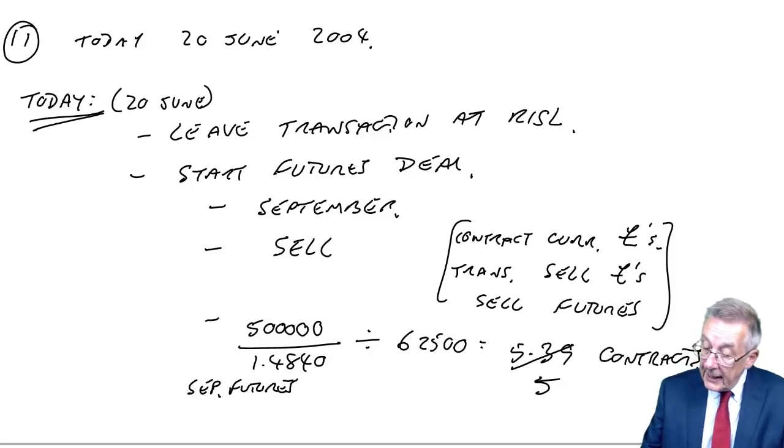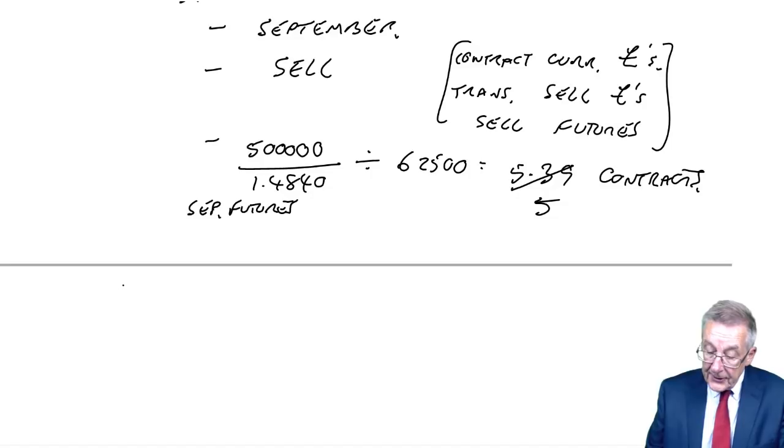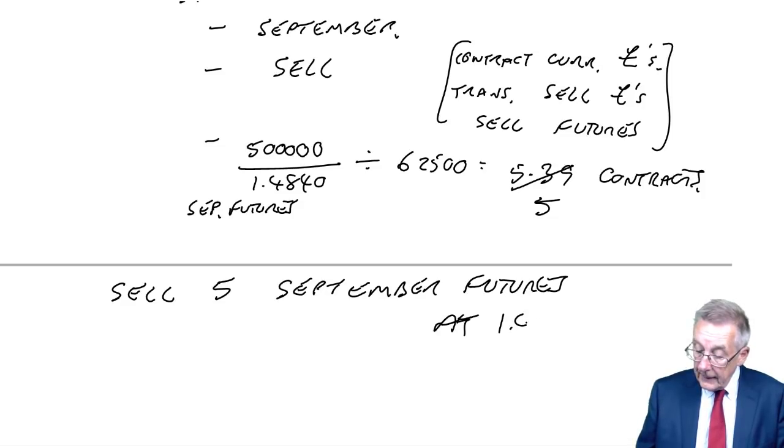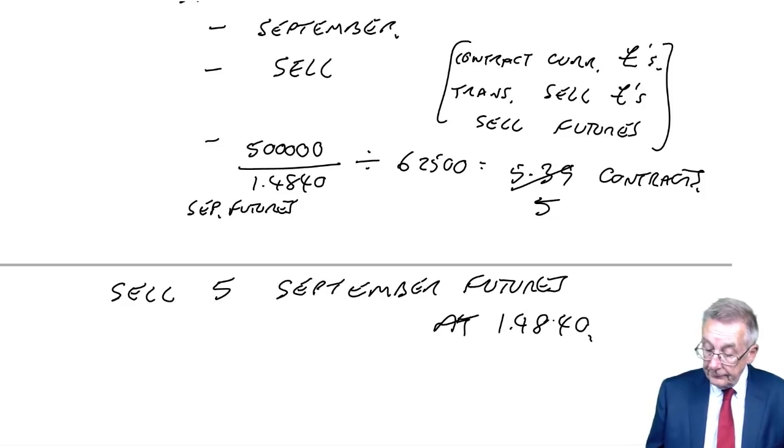And so we'll ring the dealer and we'll say, sell 5 September futures at whatever the price is, September futures at 1.4840.